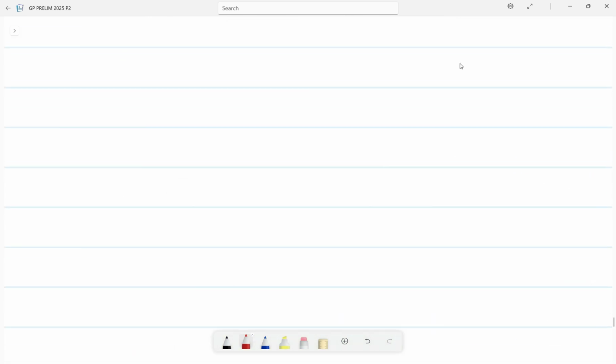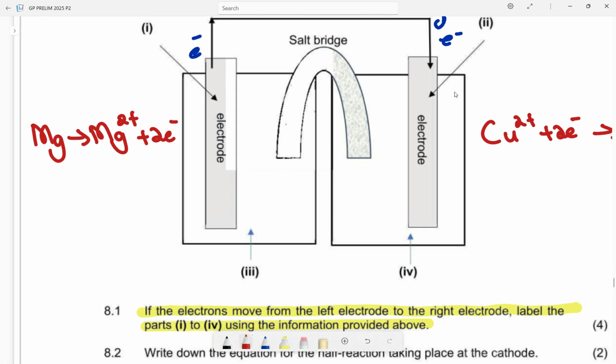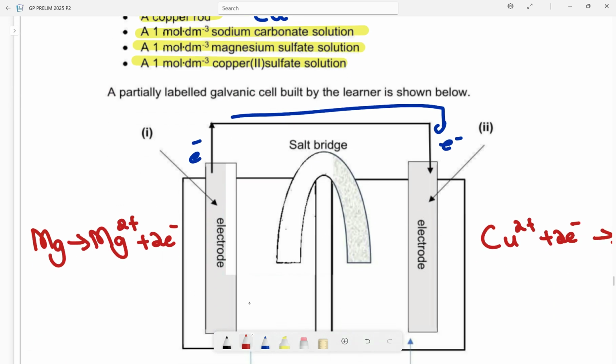And I know that each cell should have its ions. So this one will have magnesium sulfate ions here, and this one will be copper sulfate ions, not sodium carbonate, you don't use this one.